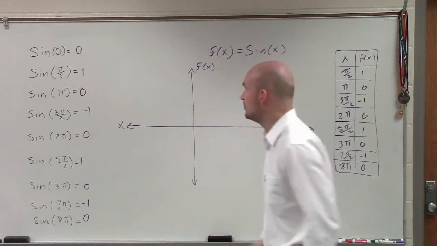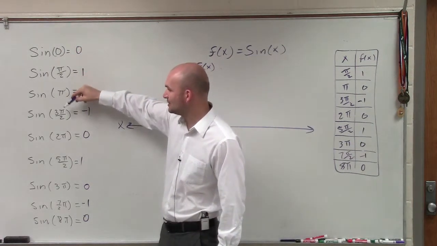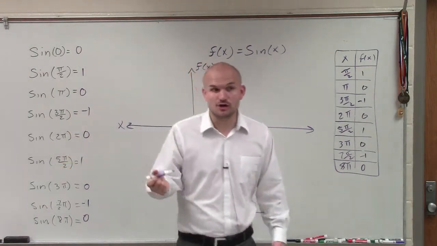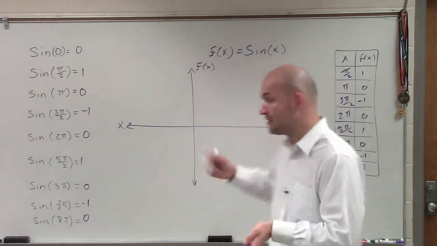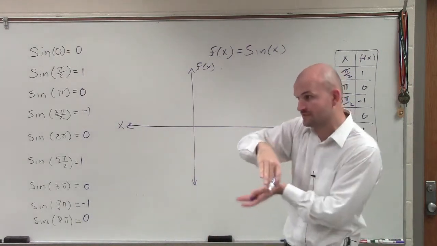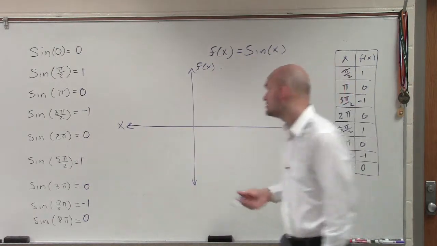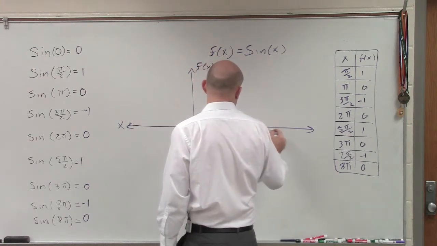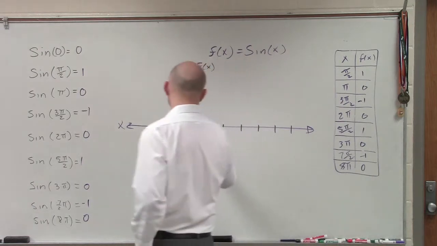So what were our inputs? 0, pi halves, pi, 3 pi halves, 2 pi, 5 pi halves, 3 pi. And you guys notice that each of these were pi halves away from each other, right? When I wrapped around the circle, they each were pi halves away from each other. So they're evenly separated. So I'll create some spacing.